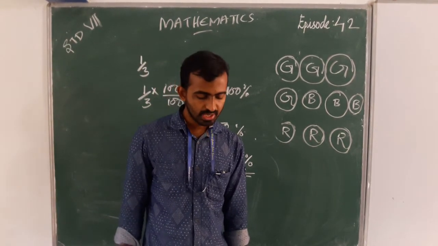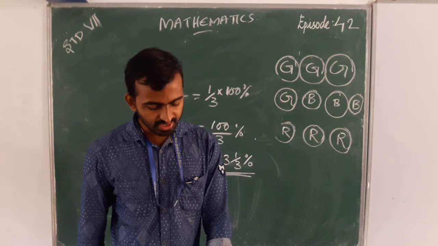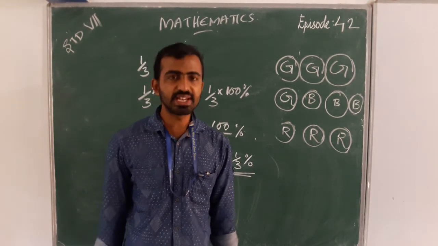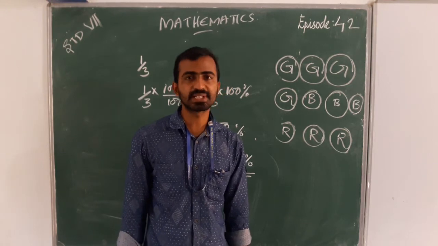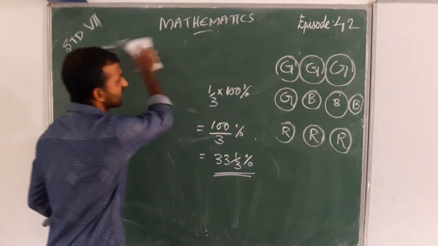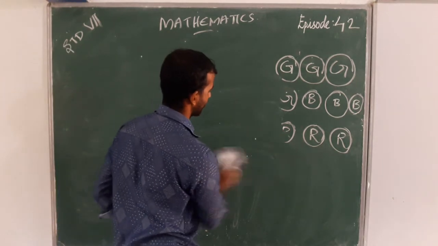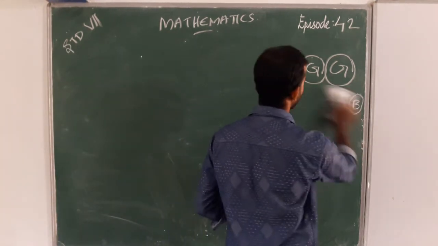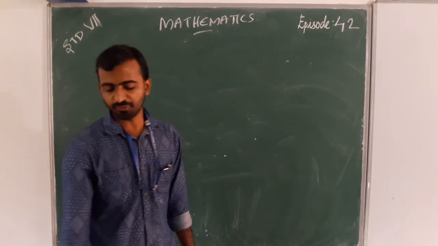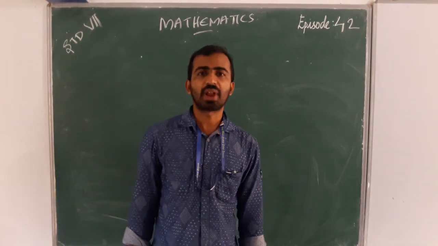I repeat, out of 25 children in a class, 15 are girls. What is the percentage of girls? First we want to find the fraction.